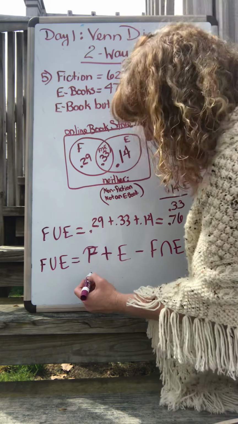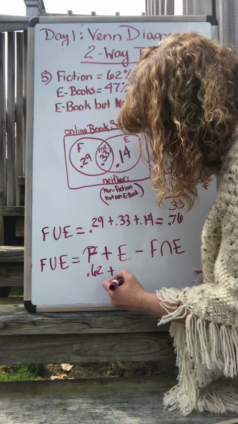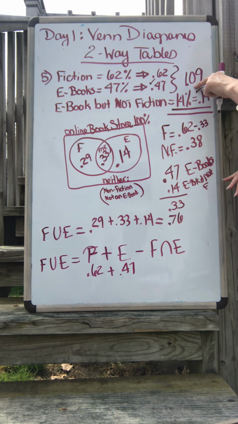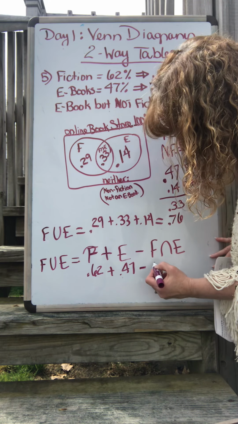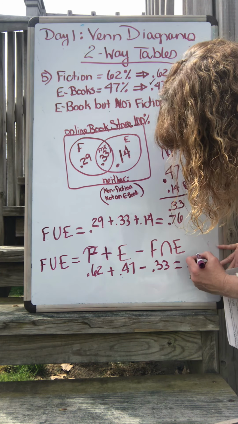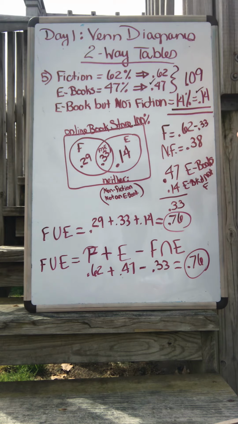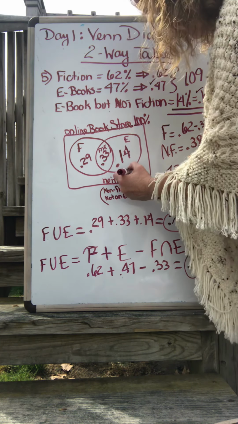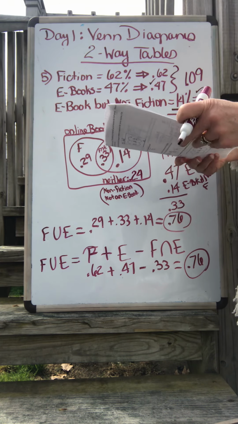So this would be 62% plus the 47%, which we already said is 1.09, and you can't have that much, minus the overlap, which is 33%, and then we're back to 0.76. So either way you look at it, if you're fiction or an ebook, 76% of the books fit into that category, which makes 24% neither fiction nor an ebook.